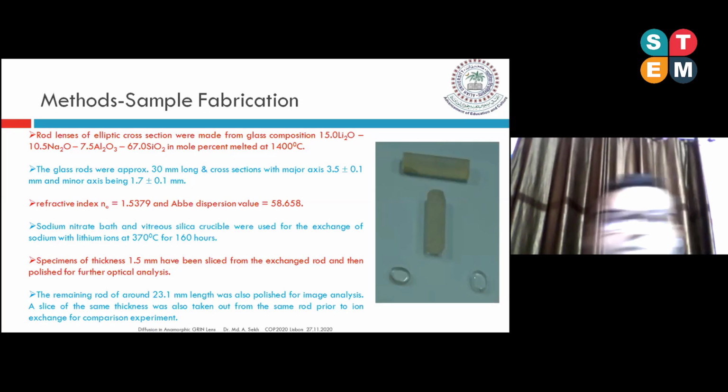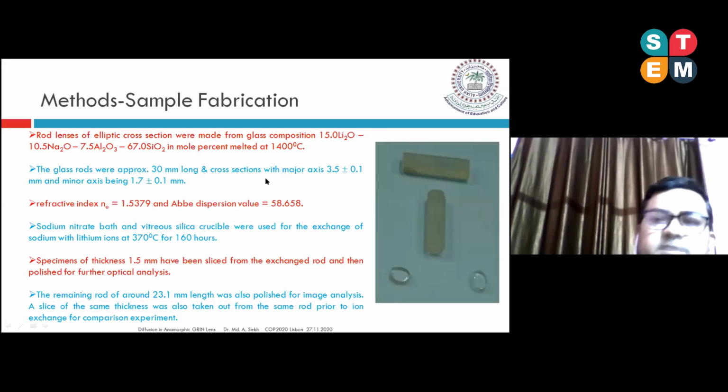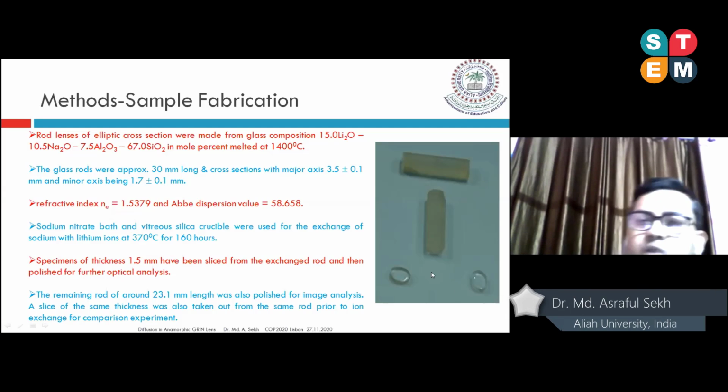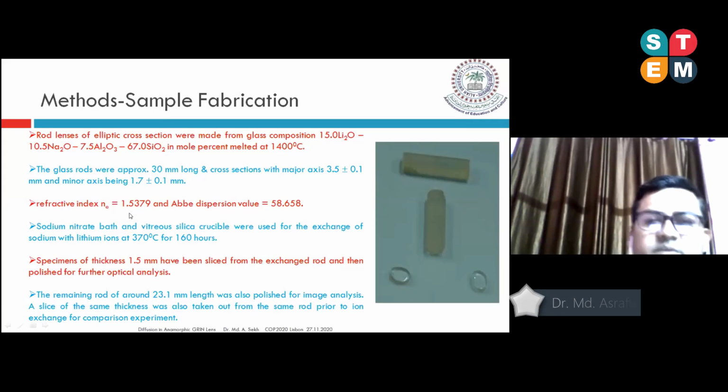After this, we made different rod sizes, for example a 30 millimeter long rod with a cross section of around 3.5 millimeter. Some samples of this glass have been made, different indexes have been measured by certain instruments, and average dispersion values have been calculated.